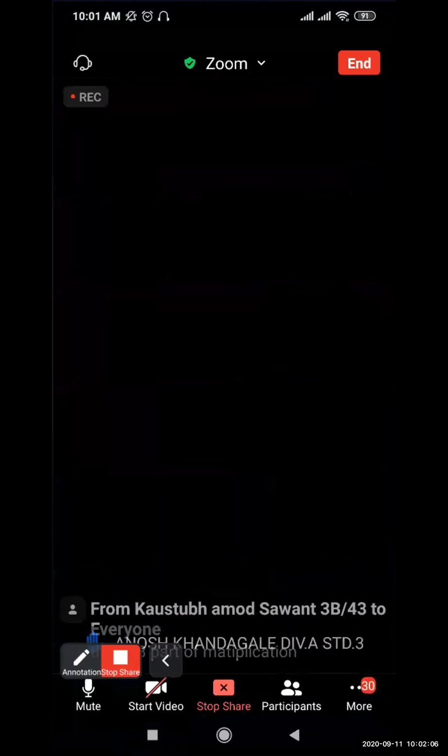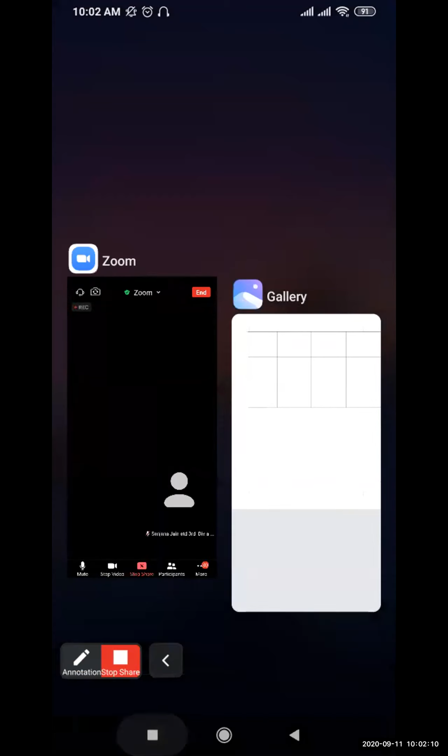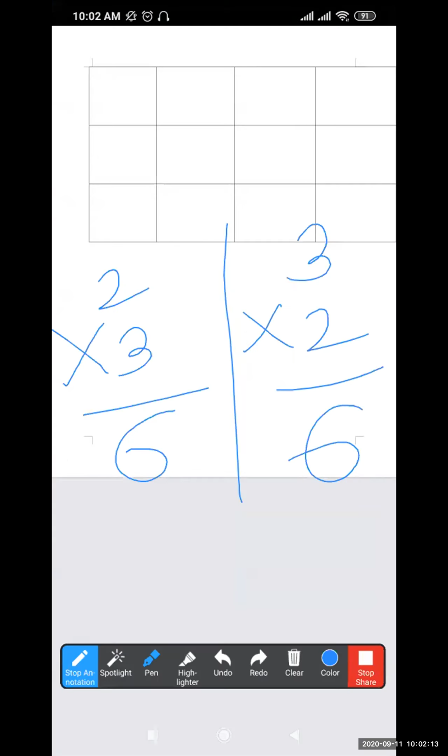Dear children, see here. We have got the same answer. That means 2 multiplied by 3 is 6, and 3 multiplied by 2 is also 6. We have got the same answers here, right?